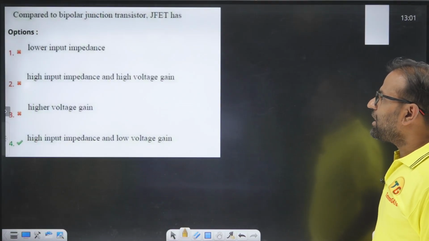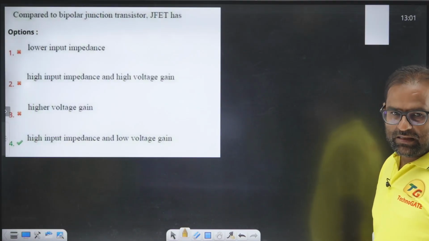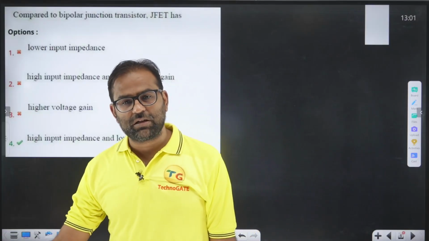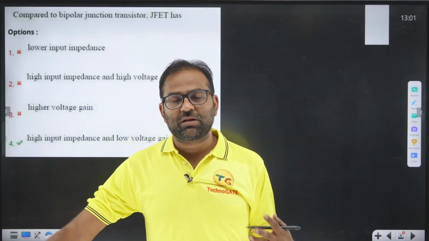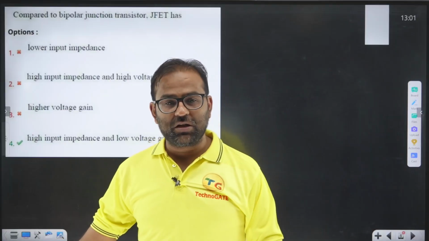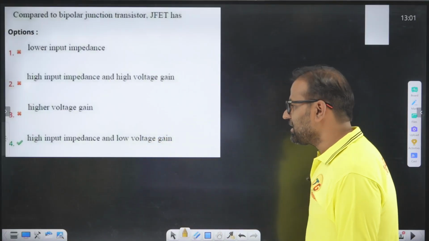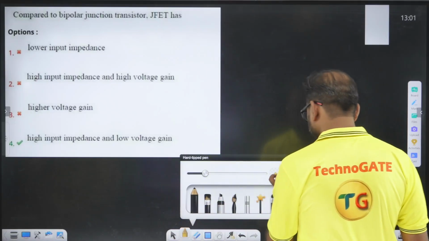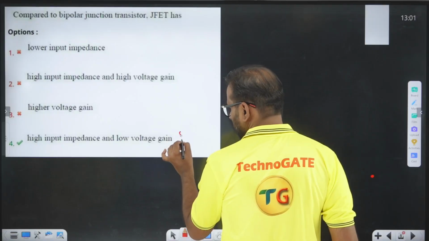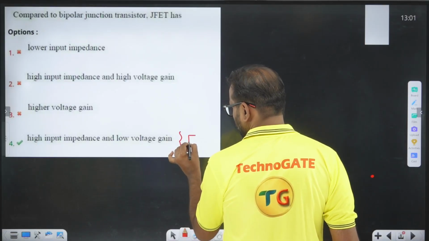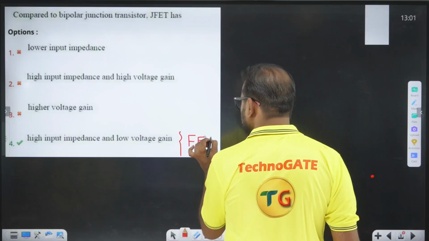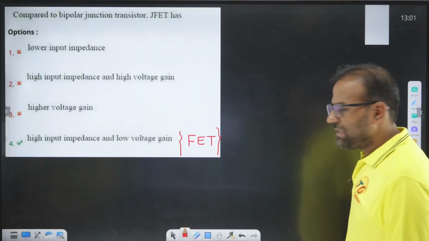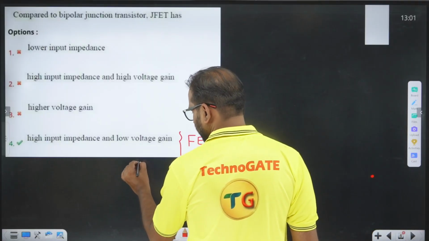Compared to the bipolar junction transistor, always remember, the bipolar junction transistor will only work if the emitter base junction is forward biased. So if the input junction is forward biased, its input resistance is less. So all field effect devices, whether it is JFET or MOSFET, have high input resistance.